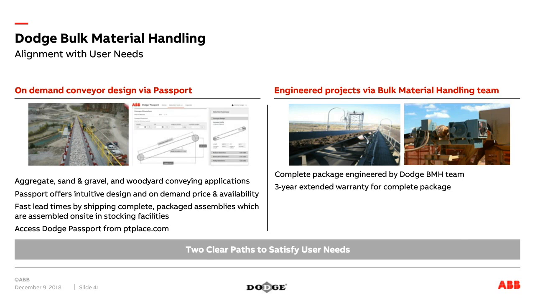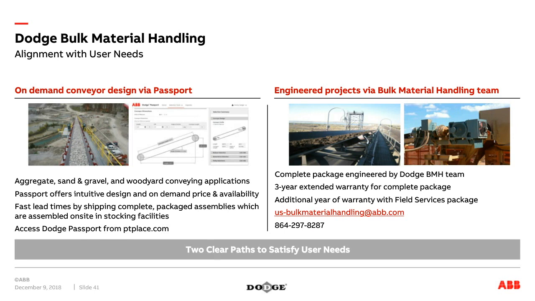In addition to that, having a field service adder for commissioning of those components to ensure that now the products have been designed properly, they've been manufactured properly, they've been assembled properly, and now we know they've been installed properly as well as the commissioning. And again, this group can be reached at us-bulkmaterialhandling@abb.com, or phone number is 864-297-8287.